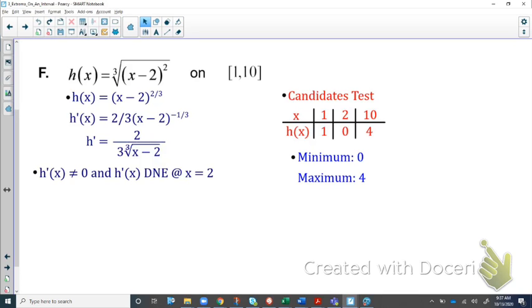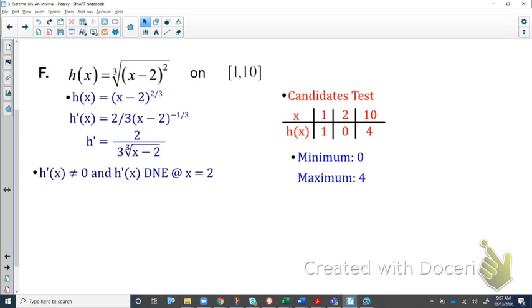So this is going to wrap it up for what we're looking at on Extrema. Understand that extreme values or extreme points of a given function are going to be located wherever its derivative has its roots.